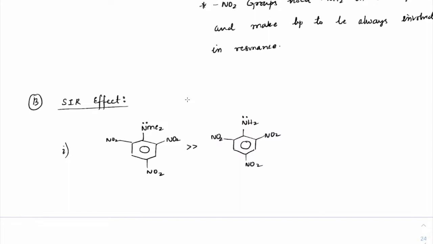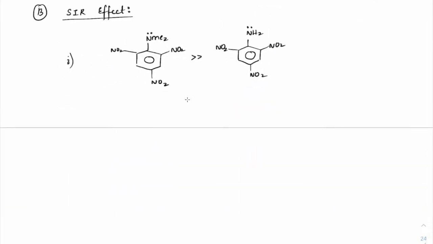But here what is happening in the first case, benzene with nitrogen and these two methyl groups, which are bulkier groups. Here these hydrogens are not polarized, and NO2 is also a bulkier group, and this NO2 is also a bulkier group. So both will give repulsions with each other.